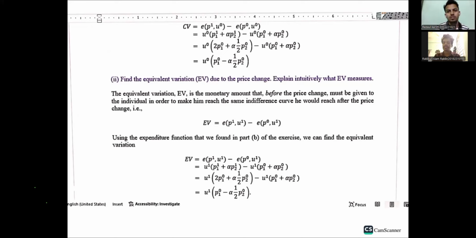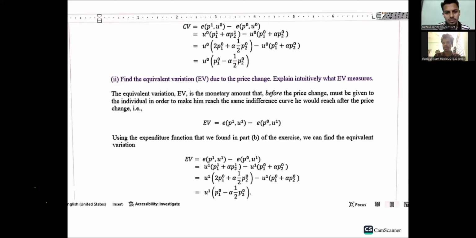The equation is e(p1, u1) minus e(p0, u1). After finding part B in the exercise, we find the equivalent variation is u1 times (p1 0 minus alpha half p2 0).